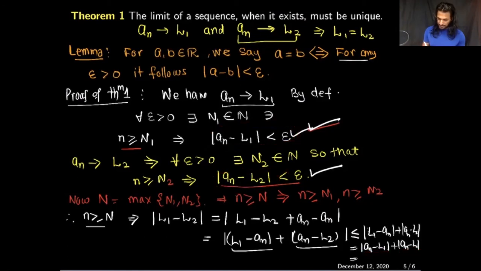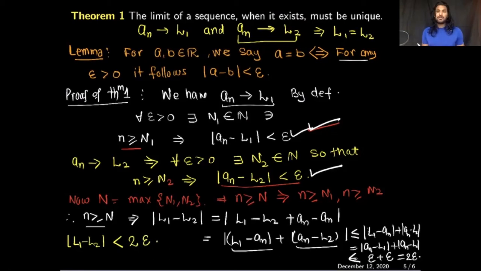So we have this inequality strictly less than epsilon plus epsilon, or in other words, 2 epsilon. So what we showed here is that the distance between L1 and L2 is always less than 2 epsilon.